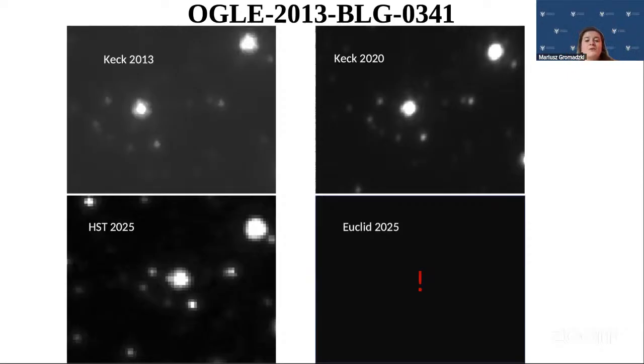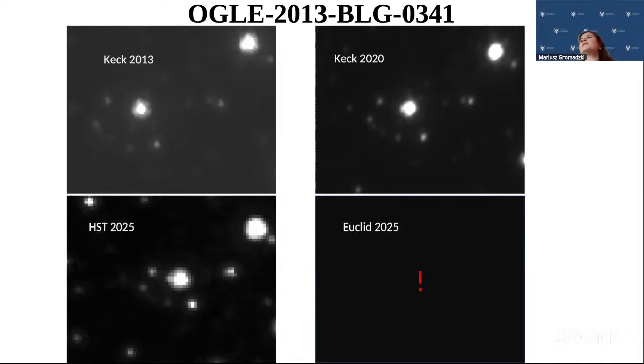And this will be, I think, a really interesting event to work on and to publish, both for microlensers and not. So hopefully after this, all of us will enjoy Euclid data before they become public, and everyone can use them. And we don't want that.